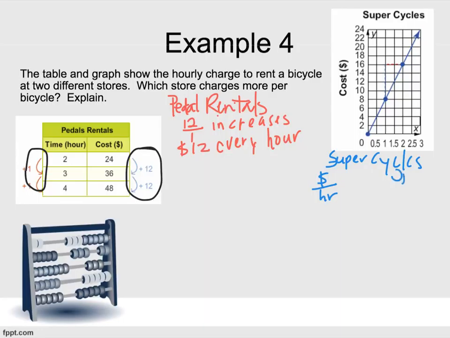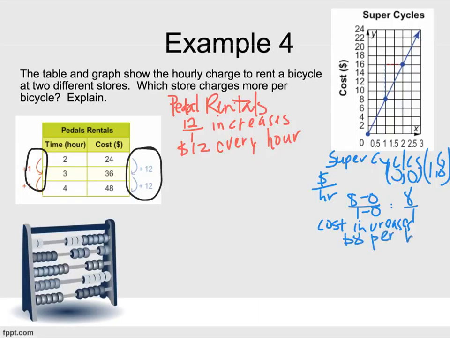So we do that subtraction, 8 minus 0, 1 minus 0, and we get 8 over 1. Or the cost increases by $8 per hour.